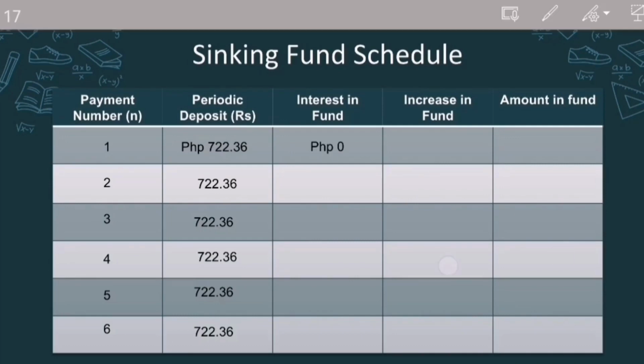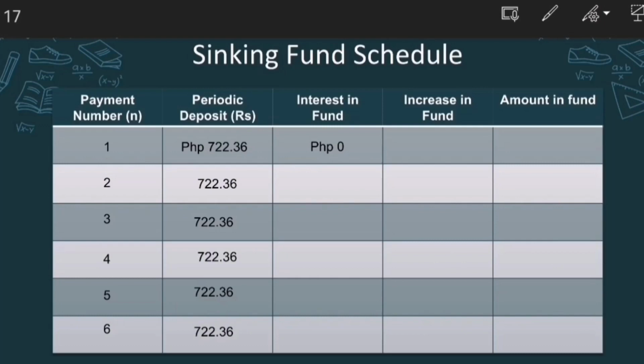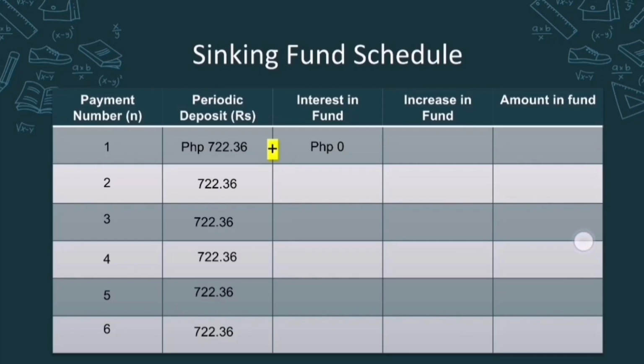In the first row, we have 0 interest in fund, and to find the increase in fund, we need to add the periodic deposit to the interest in fund. So we have just the same amount, and also in our amount in fund. In the second row, we need to multiply the previous amount in fund by our i, or the interest, which is 1.5%, to find the interest in fund for the second payment number.